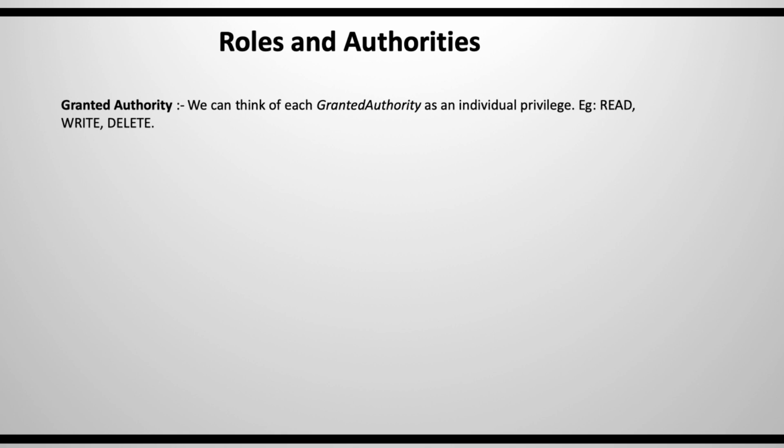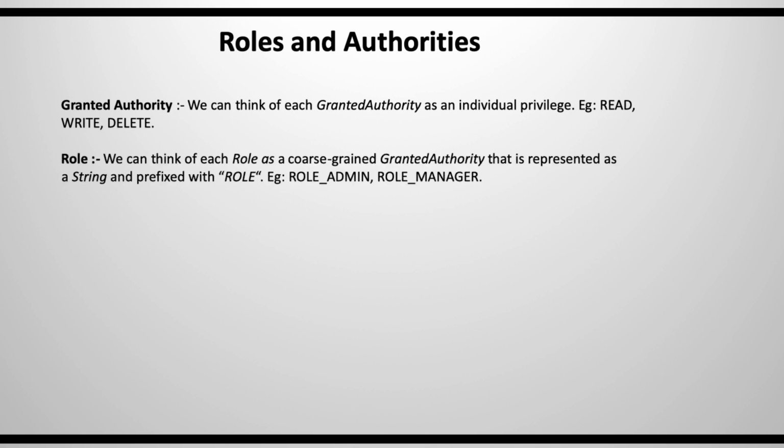So let's see what our roles and authorities in security are. Granted authority: we can think of a granted authority as an individual privilege. For example, a user can have read authority, delete authority, write authority, etc. And roles: you can think of a role as a coarse-grained granted authority.